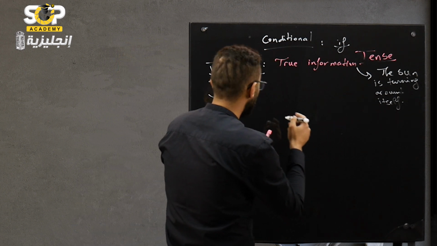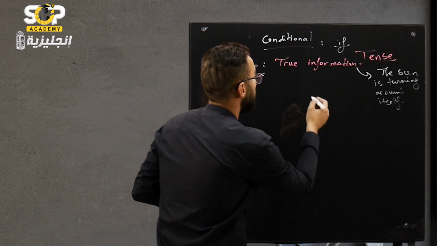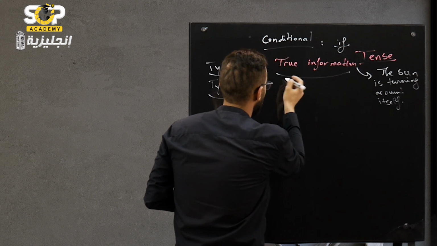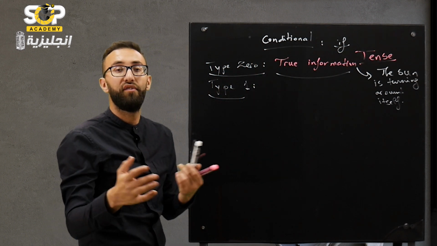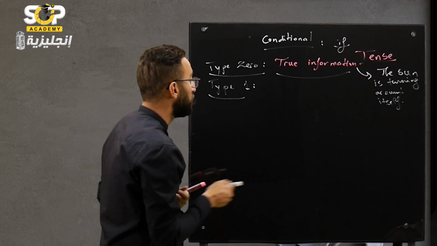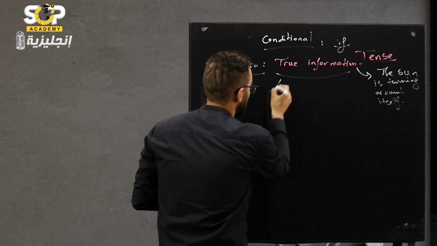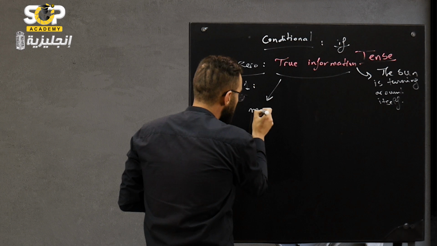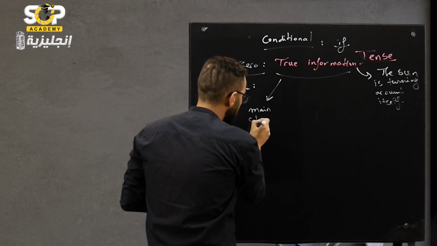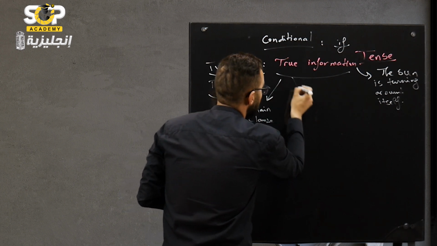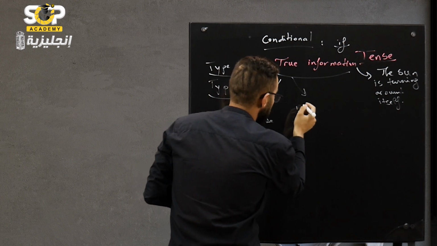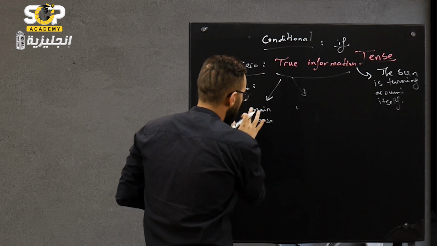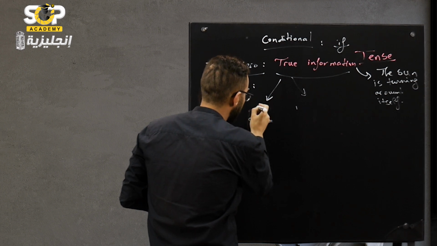We're going to see it in the example, but before that, let's discuss the tenses that we can find in the main clause and the if clause. We have two clauses. The first one is called the if clause.